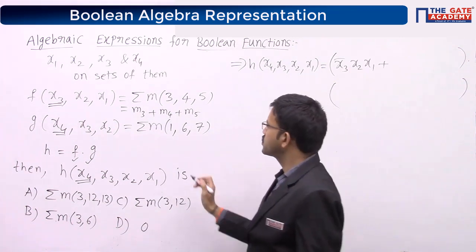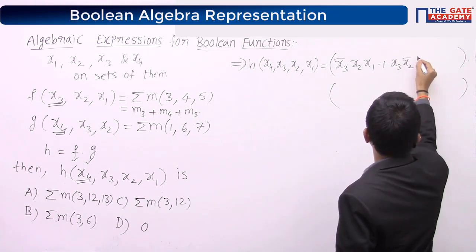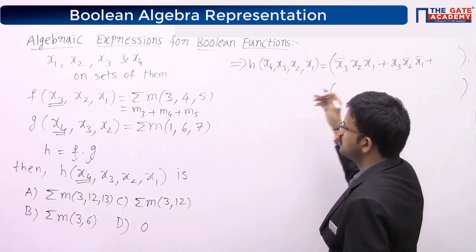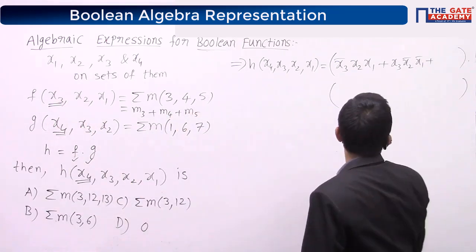Next, m4 means 1, 0, 0: x3, x2 bar, x1 bar. Plus m5 means 1, 0, 1: x3, x2 bar, x1. Is it clear?